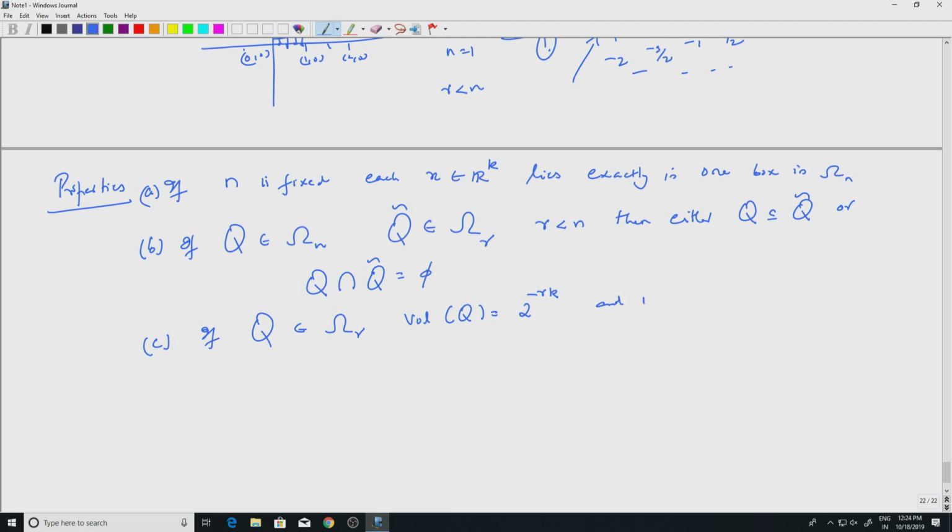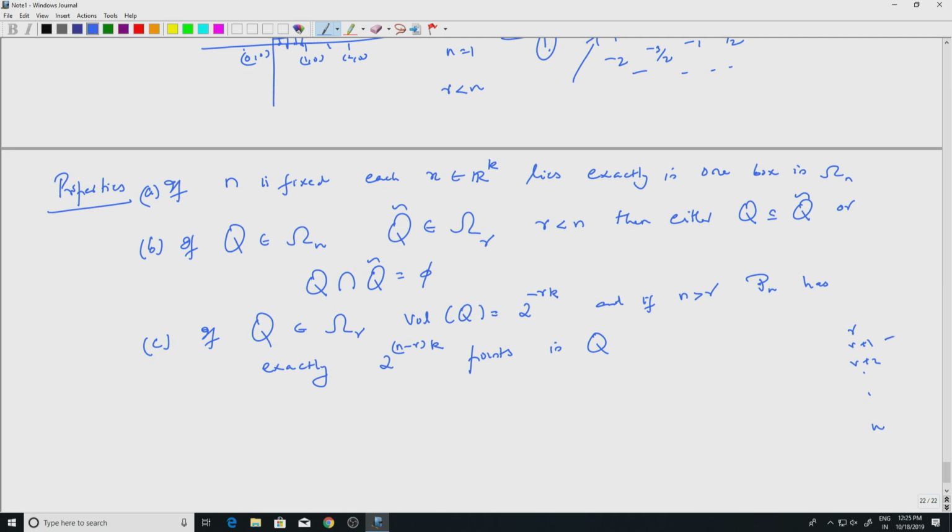And if n is greater than r, Pn has exactly 2 to the n minus r k points in q. So, if n is greater than r, you will be dividing q again and again to go to n. You will start from r, you go to the r plus 1th level, r plus 2th level, etc., and you land at n.